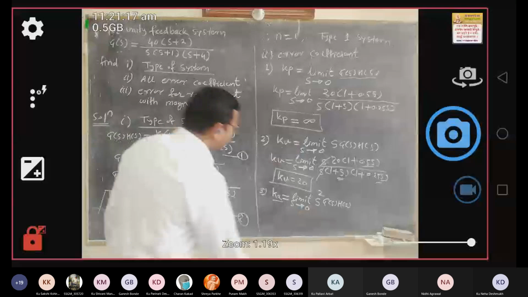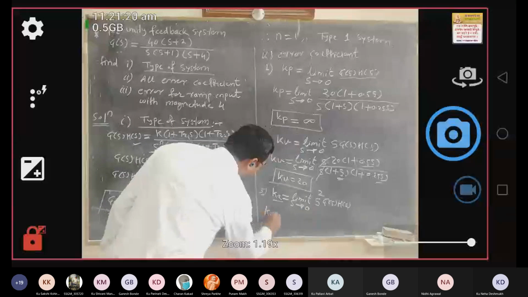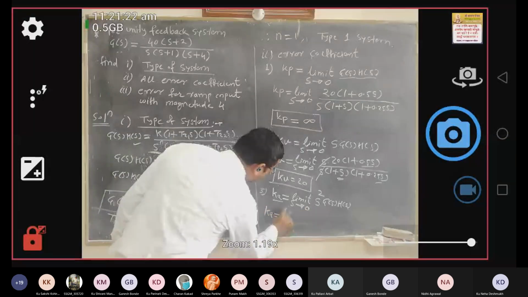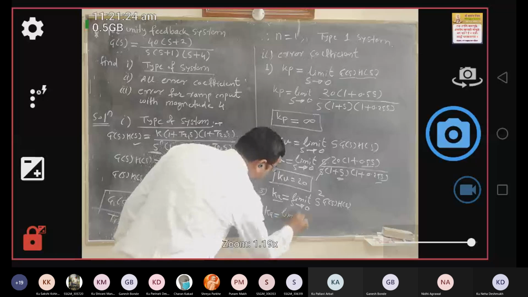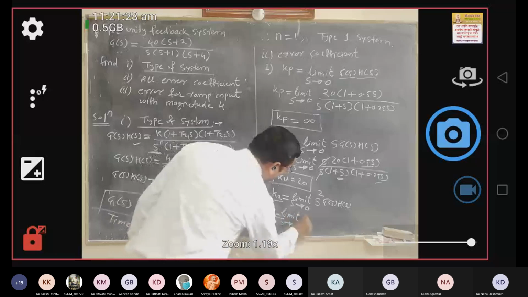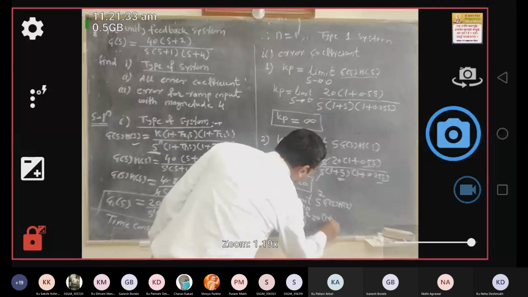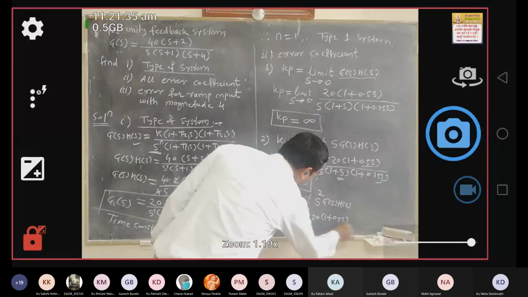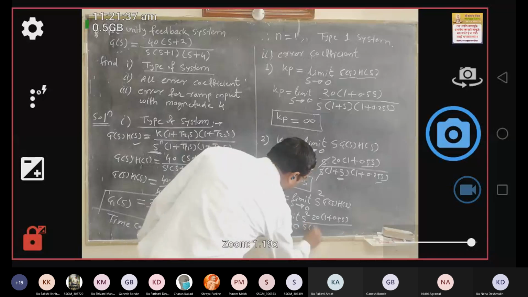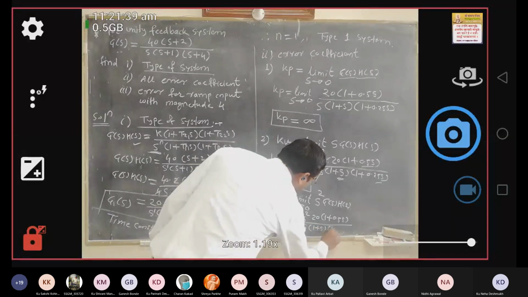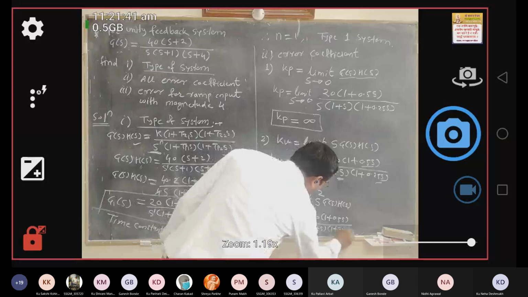So substitute the value and find the value of Ka. It could be limit s tends to 0, s square, 20 into 1 plus 0.5s upon s into 1 plus s into 1 plus 0.25s.